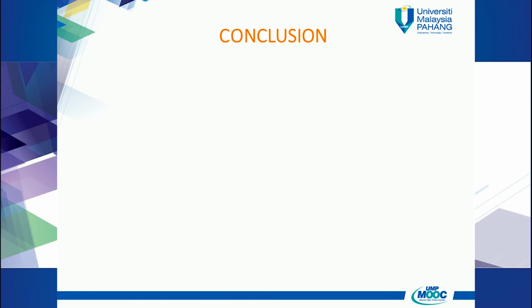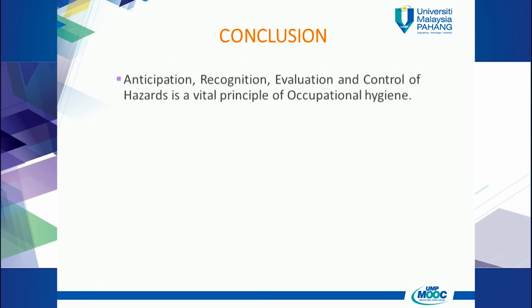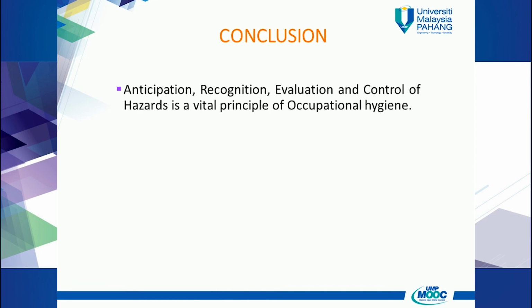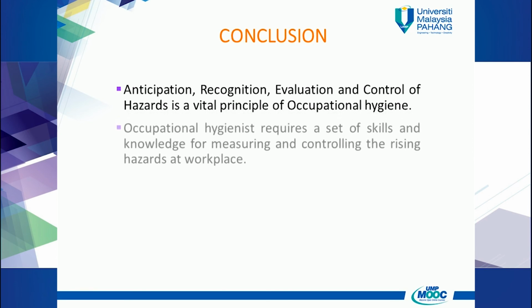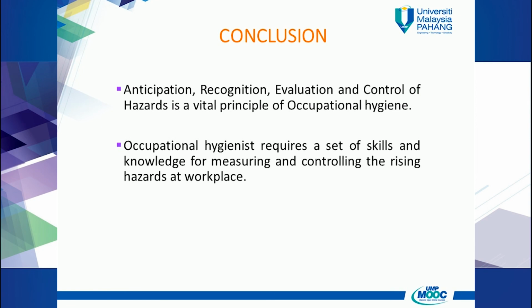We can conclude that anticipation, recognition, evaluation, and control of hazards are vital principles of occupational hygiene. An occupational hygienist requires a set of skills and knowledge for measuring and controlling the rising hazards at the workplace using those principles.